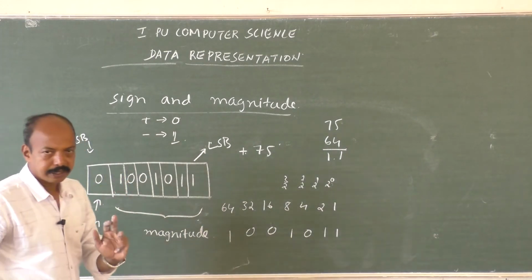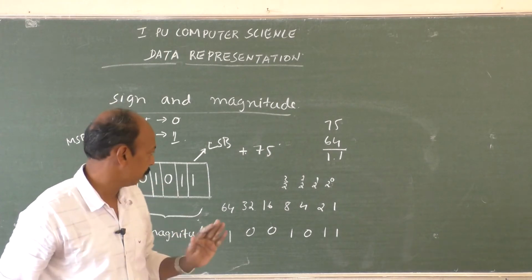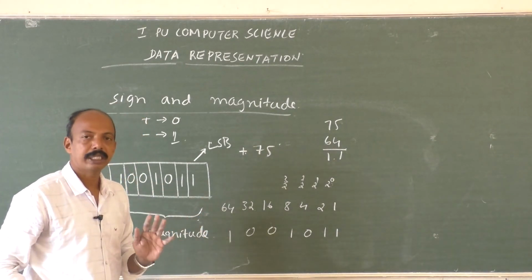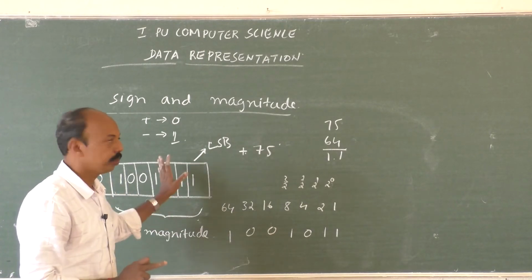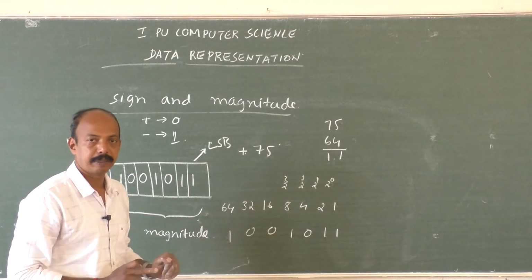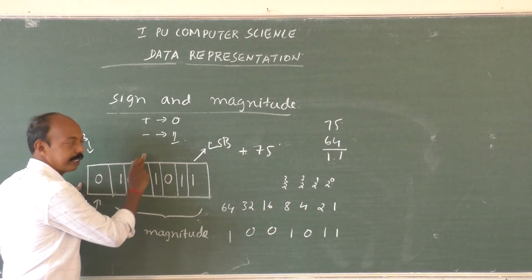That's why there are two types of numbers. One is signed number, the other one is unsigned number. Here we are going to talk about signed numbers. When we want to represent a signed number, we are talking with respect to 1 byte.